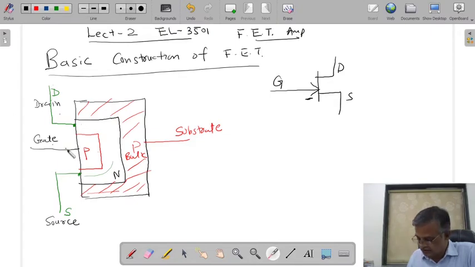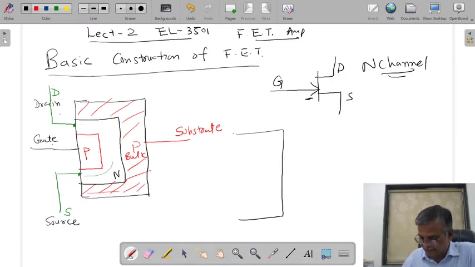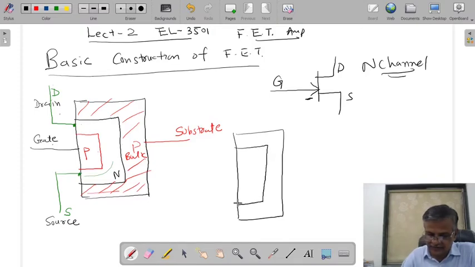Okay. Just for more clarity, this is your N-channel FET. Now the P-channel structure is like this. This is your N-type bulk, or it is called substrate.